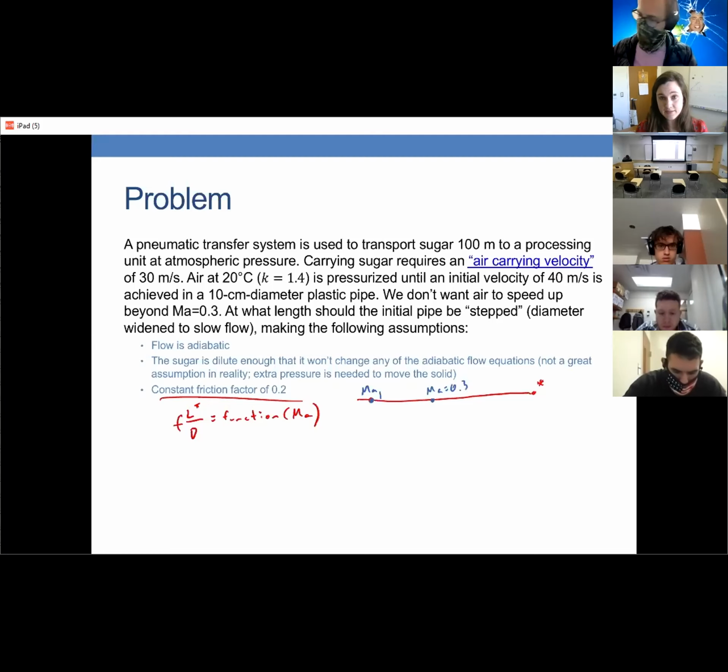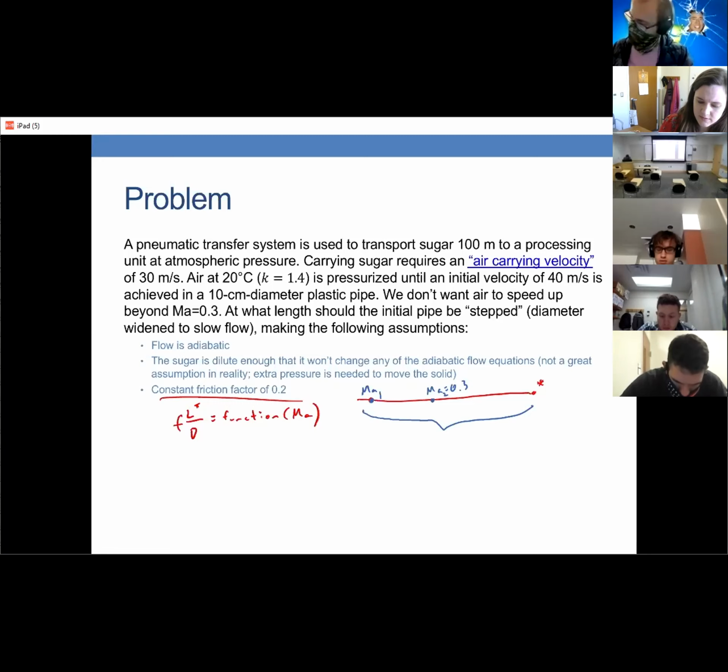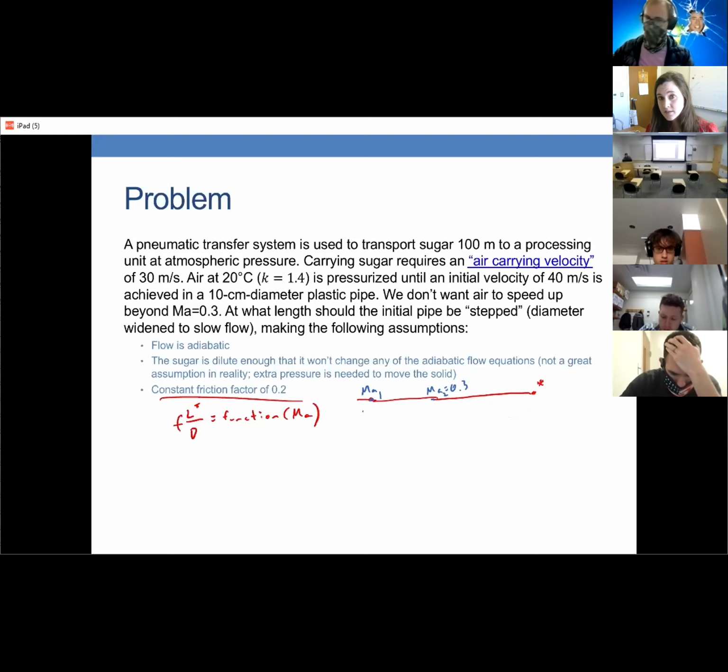Yes, f is friction factor. Can we assume that? Oh yeah, this is like Rankin's question. Does it increase linearly? Like if you start at 0 and then go to 1, would Mach of 0.3 be at 0.3 of the distance?